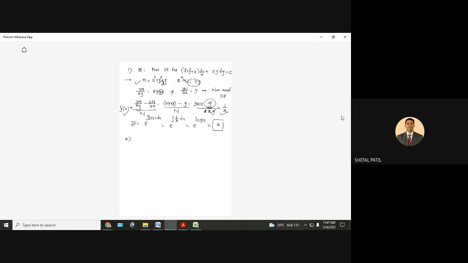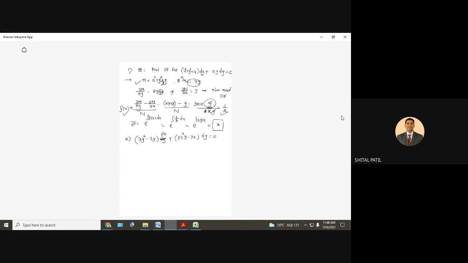Okay. Second example. Suppose I have a differential equation like this: xy square minus 3y dx plus 3x square y minus 3x dy equal to 0.